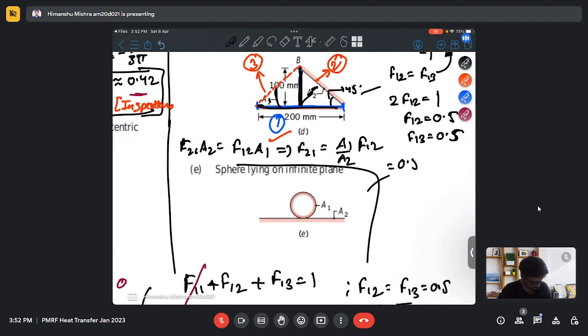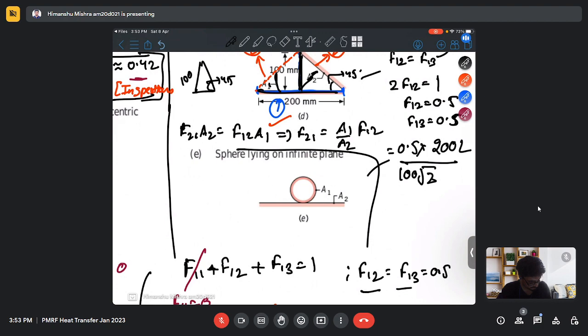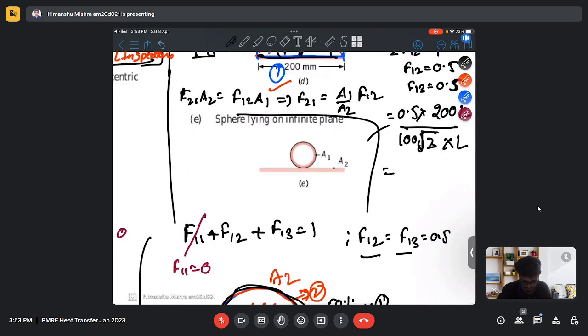My F12 is 0.5, my A1 is 200 mm multiplied by L, and my A2 will be, this is 45 degrees, this is 100, so it will be 100 root 2 multiplied by L. So A1 F12 is 100 L, so it will be 1 by root 2.